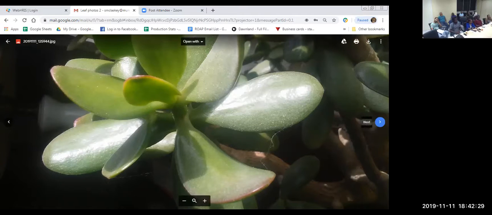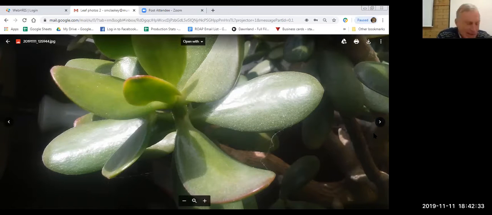So would you say there is no midrib on this one? Say it again. Is there a midrib on this leaf? There is, but the leaf is so thick you can't really see it. You can't really see any of the veins. So underneath you can see it? Maybe there's a shadow there of it? You can kind of see it?